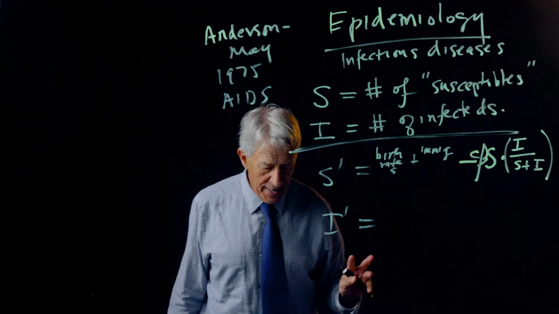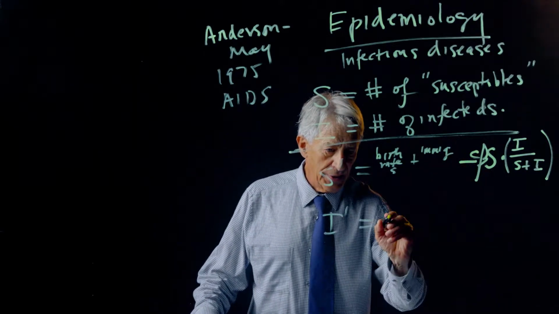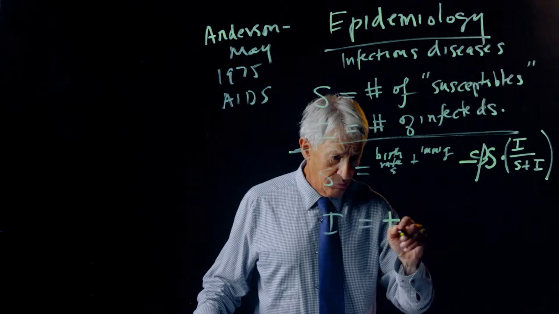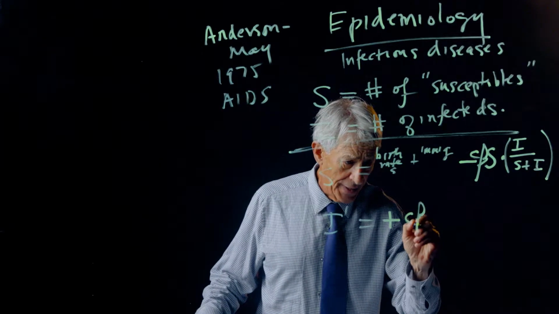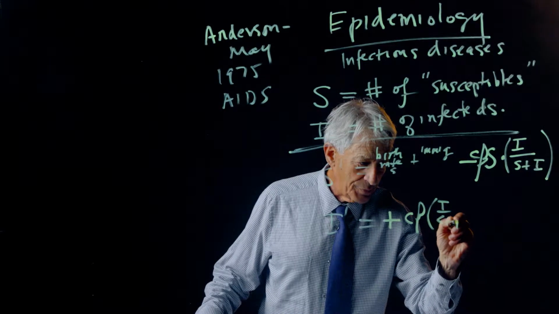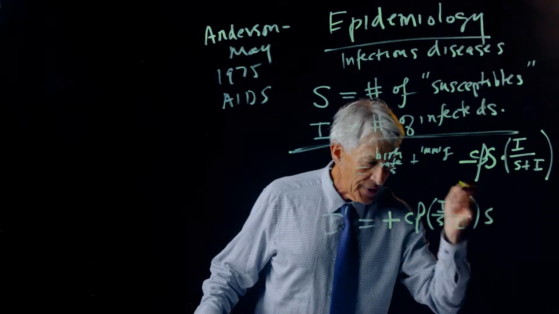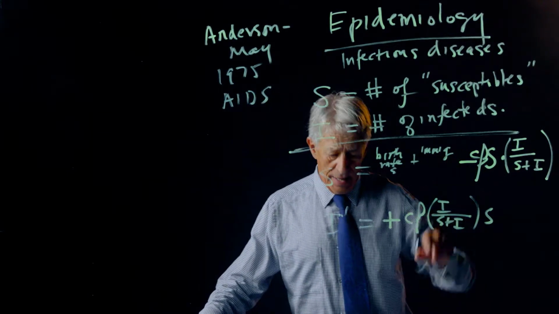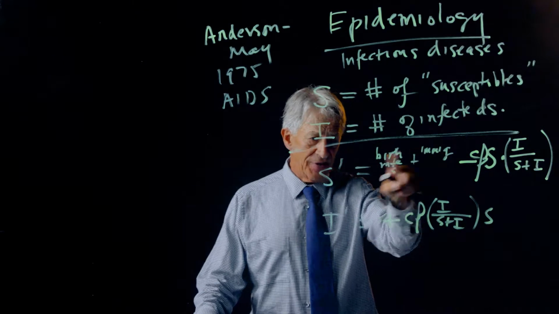We can then immediately put that into the I prime equation as a plus C beta I over S plus I times S. And then we have to put some things in here.